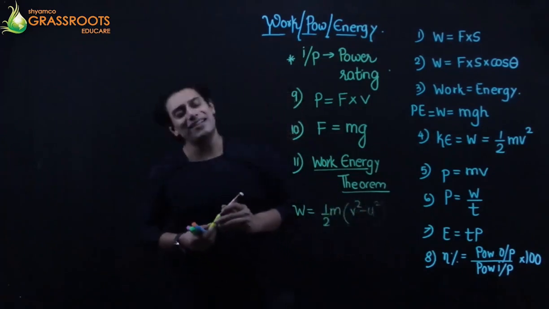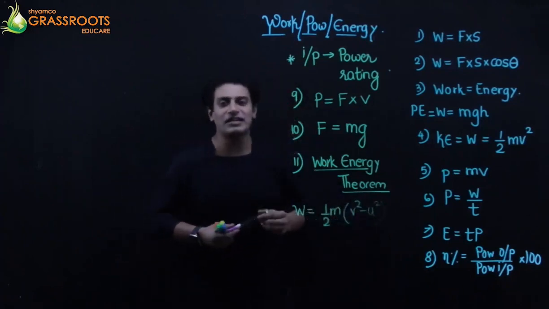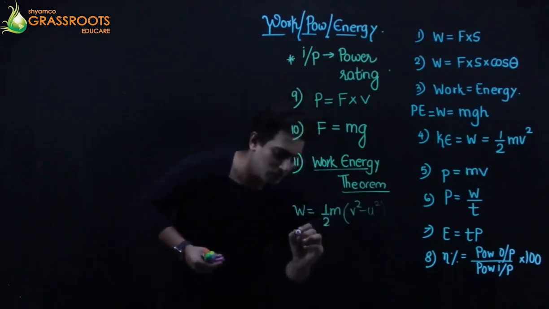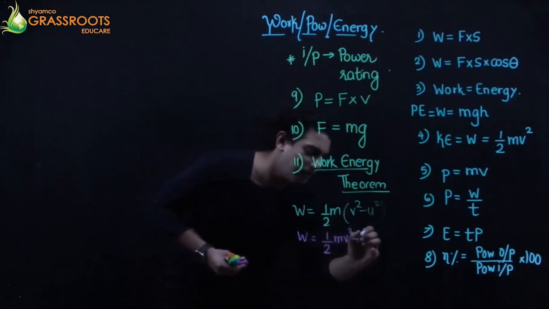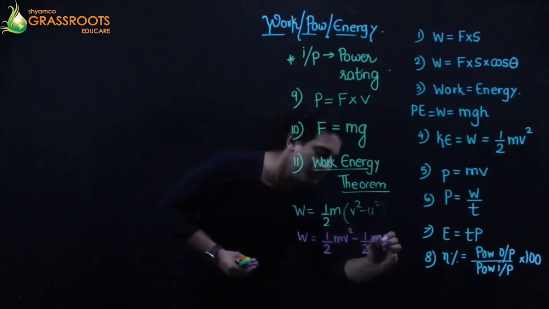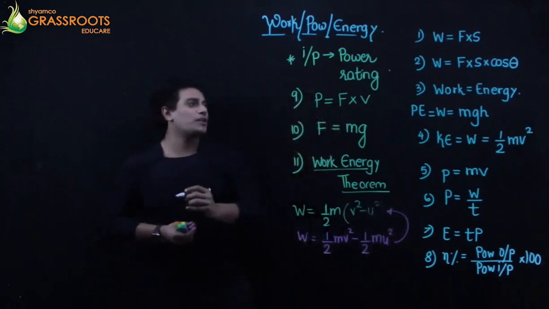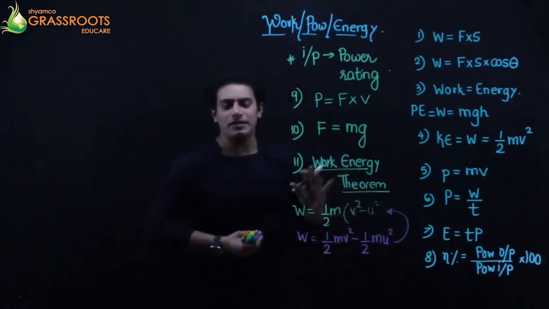That is final kinetic energy minus initial kinetic energy. So eventually it's nothing but half mv square minus half mu square, which you take half m common, v square minus u square. That's it. These are the basic formulas.